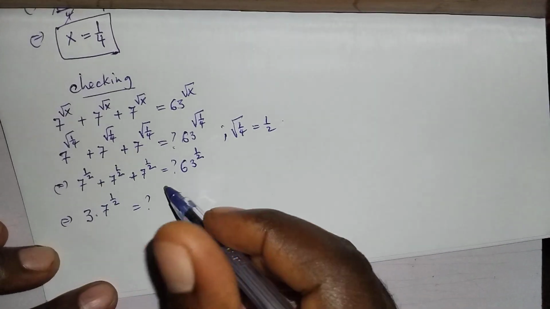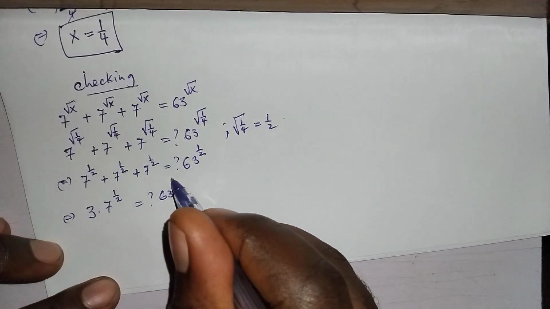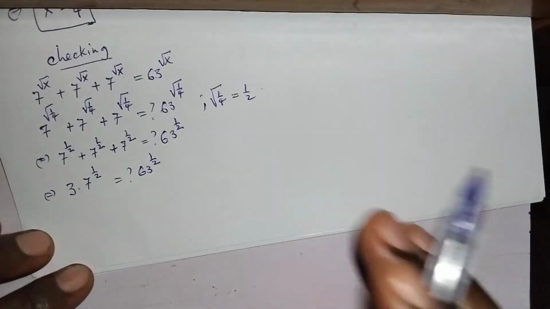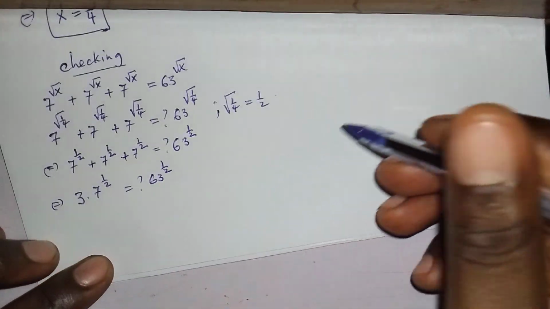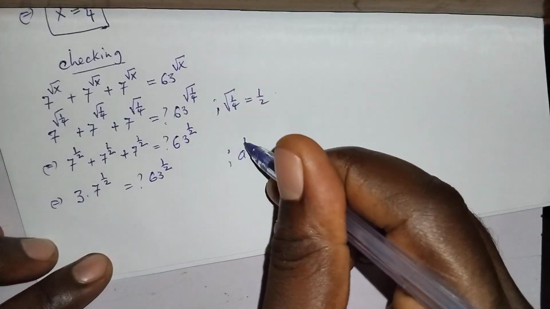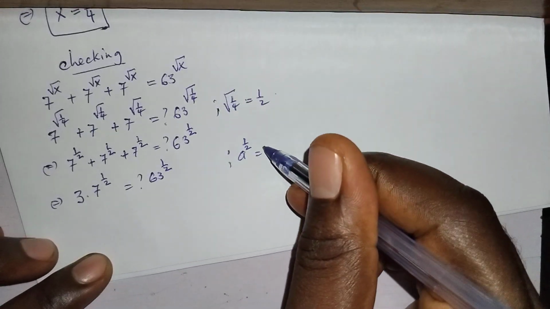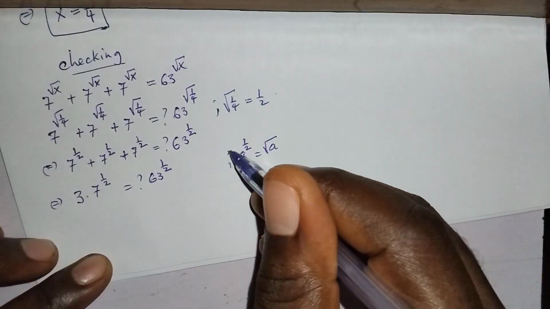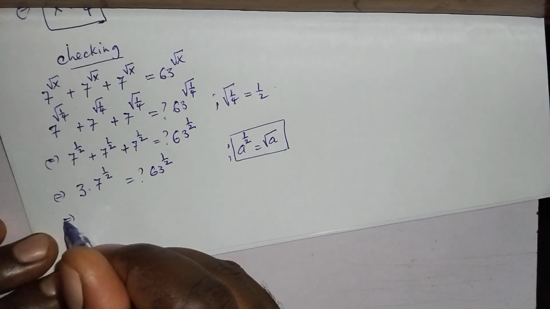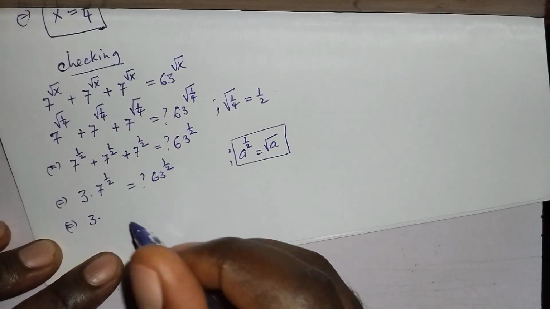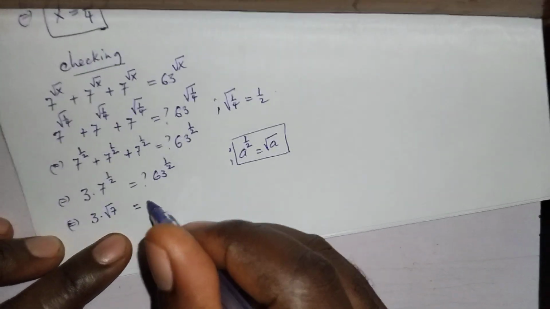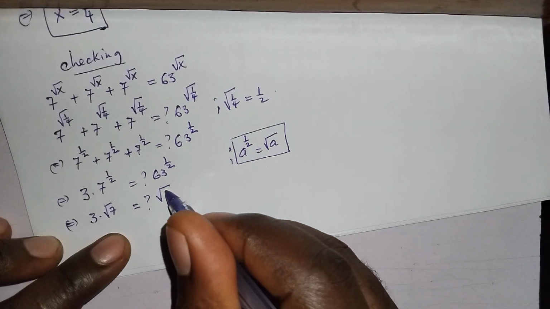Is it equal to 63^(1/2)? From here, when you have a^(1/2), it means it is equal to the square root of a. So it is 3 times √7. Is it equal to √63?